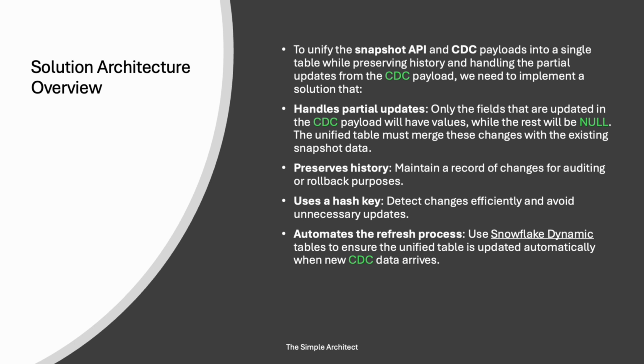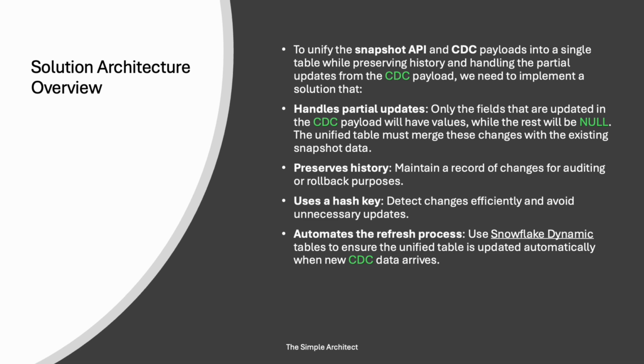Only the fields that are updated in the CDC payload will have values, while the rest will be null. The unified table must merge these changes with existing snapshot data. Preserve history: maintain a record of changes for audit logging or rollback purposes. And use a hash key to detect changes efficiently and avoid unnecessary updates.